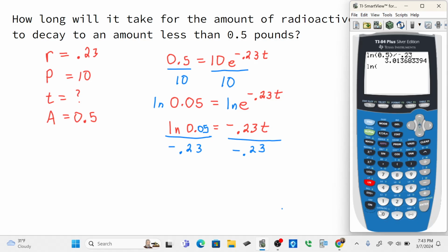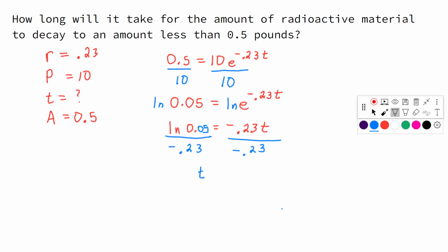Natural log of 0.05, close the parentheses, divide by negative 0.23, and you'll see we get a much different number. We get about 13 years. So t is about 13 years for us to get exactly 0.5. So it would need to be more than 13 years to have less than 0.5 remaining.